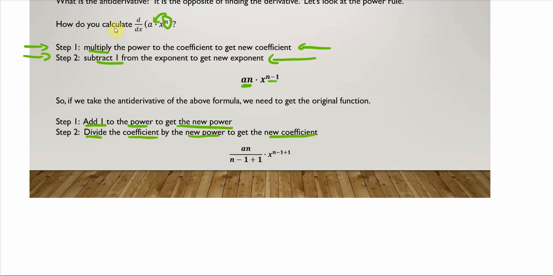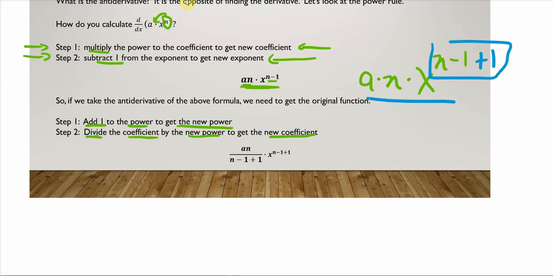So the antiderivative of this right here is going to be, I have n minus 1, and what I'm going to do, let me write this down here, a times n times x to the n. So what I'm going to do is I'm going to add 1 to my power. And then this right here is my new power, so I'm going to divide it by n minus 1 plus 1.